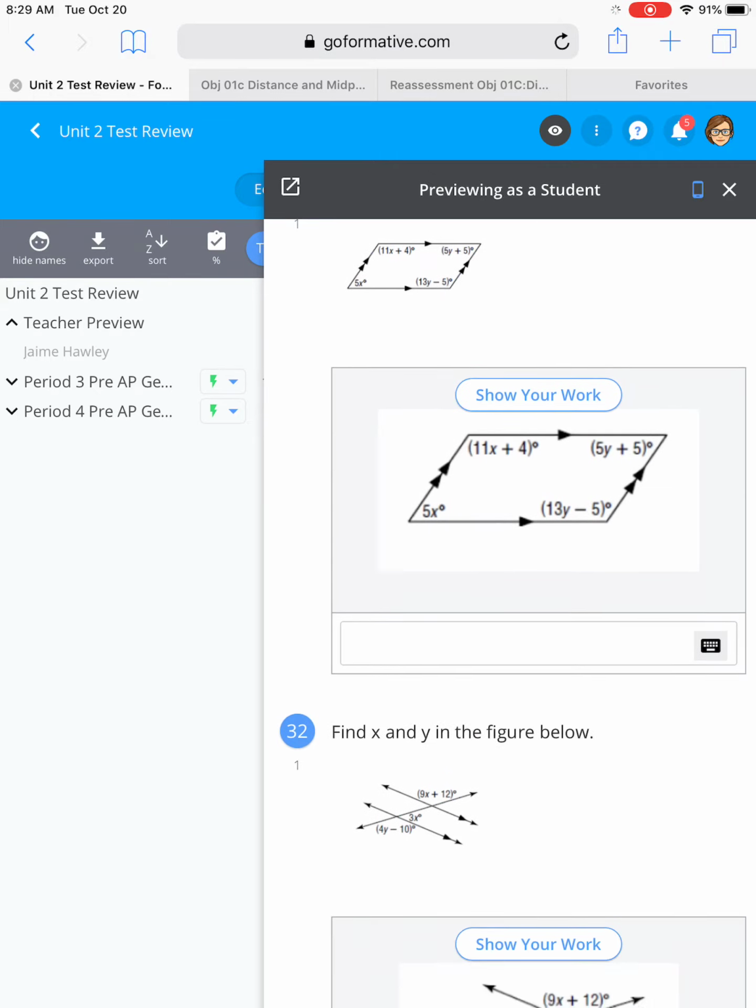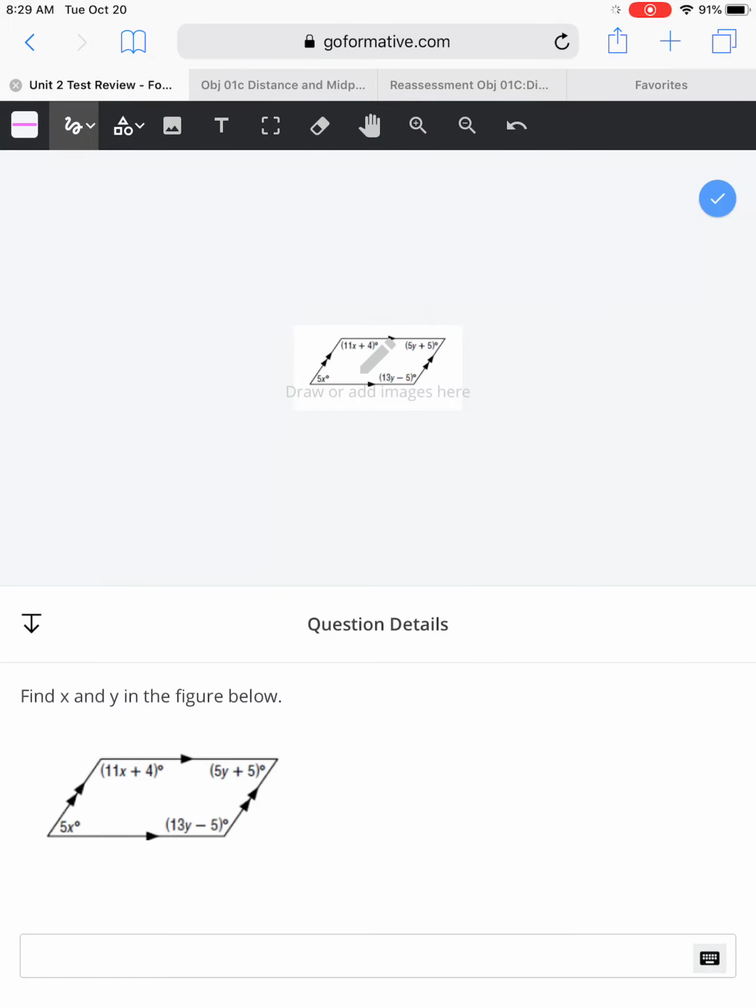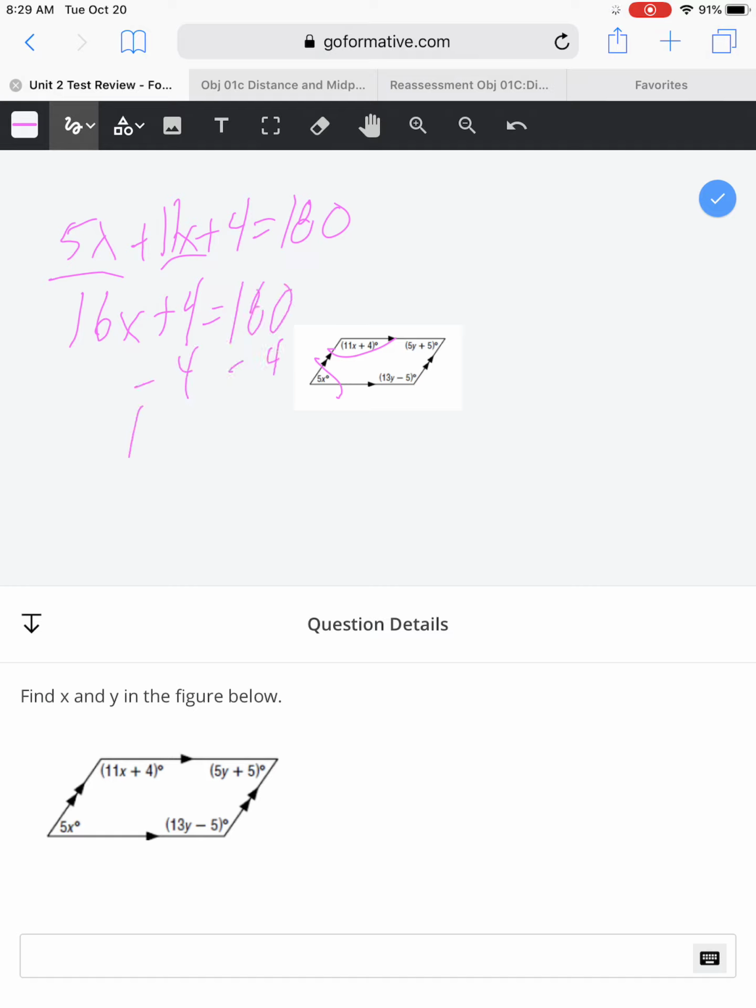Okay, 4 more. All right, same thing with this one. So 5x plus 11x plus 4 is equal to 180. 16x plus 4 equals 180. 16x is equal to 176.